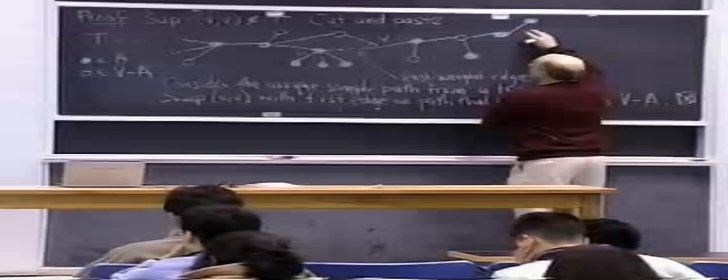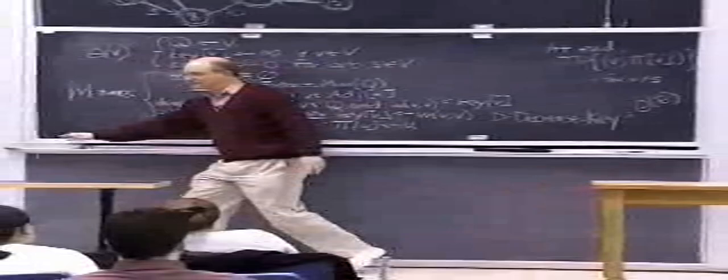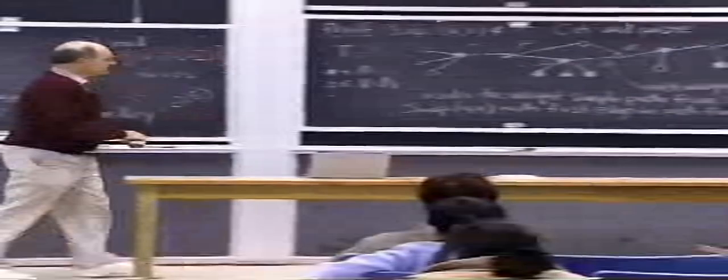So now the question is, how do I implement my priority queue? So what's the obvious answer? Yeah, heap. Okay, but let's start with an even more obvious attempt.